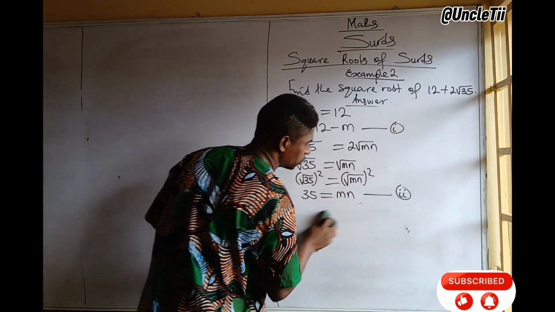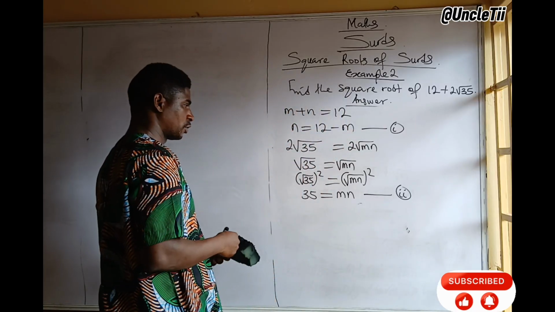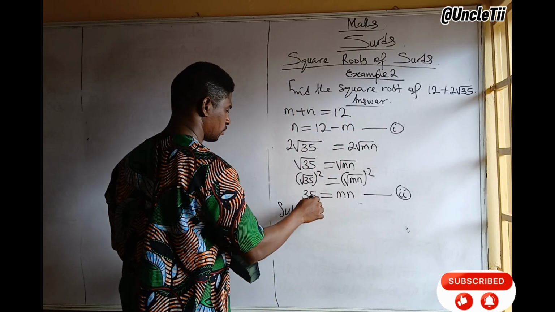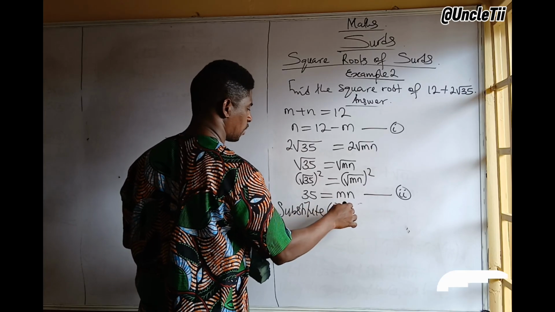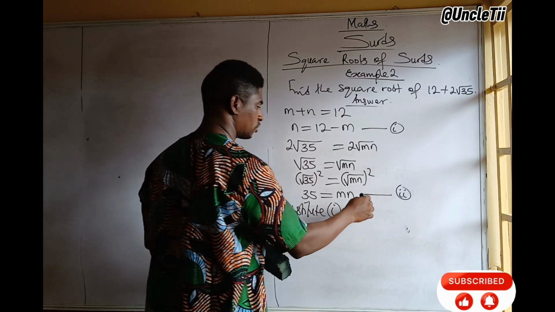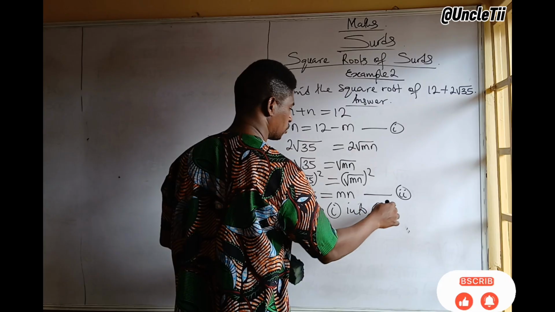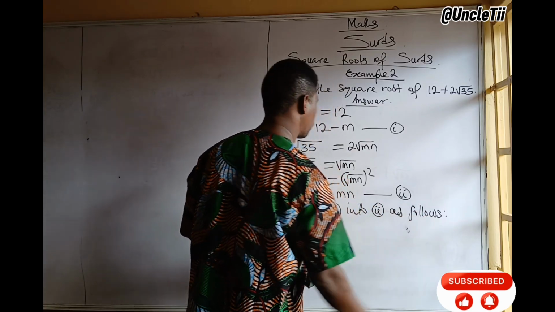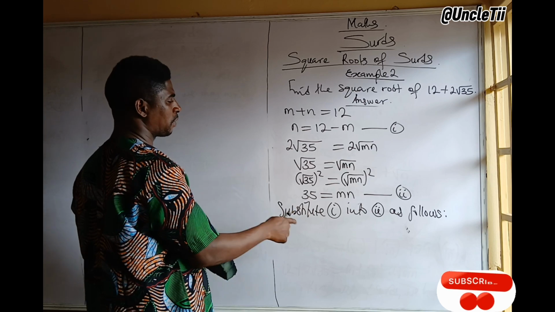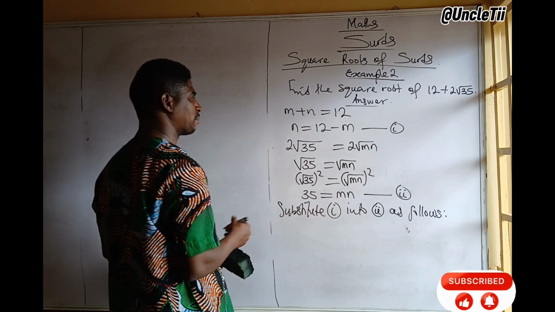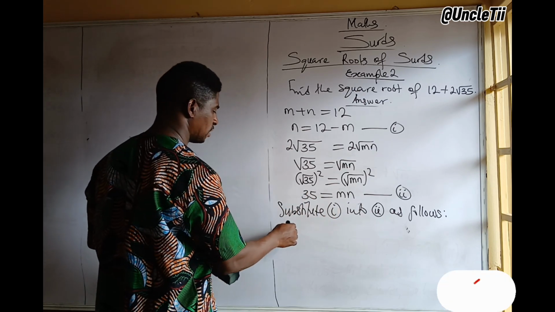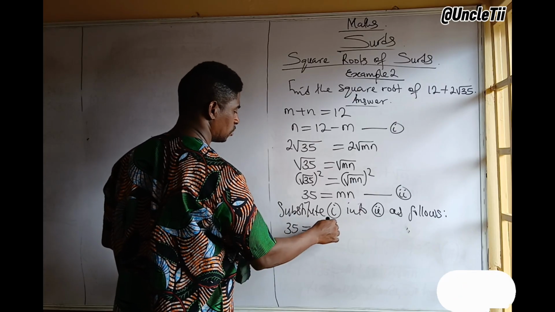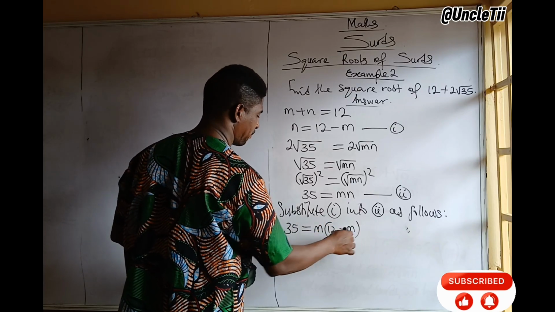That is equation 2. So we substitute equation 1 into equation 2 as follows. It means that wherever we find n here, we can replace it with 12 minus m. That will give us 35 equal to m into 12 minus m.